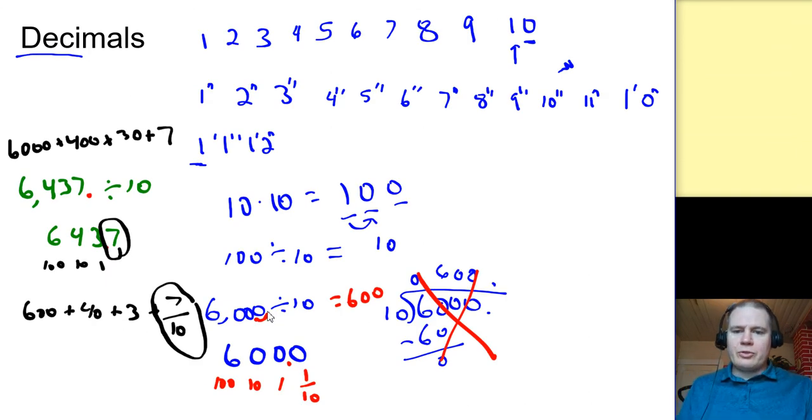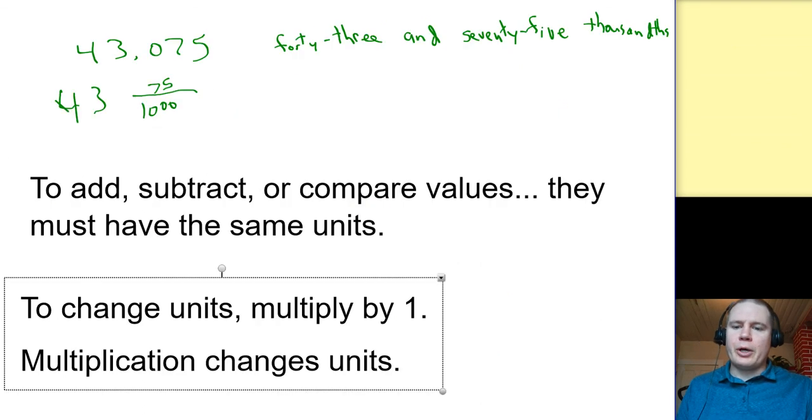To change this from thousands to hundreds, what did I do? I multiplied. Right? It's a division symbol, but really I'm multiplying by 1/10. If I wanted to change 600 to 6,000, I would multiply by 10. We're changing the value by multiplying. If we want the value to not change, if we just want the units to change, we're going to multiply by 1.